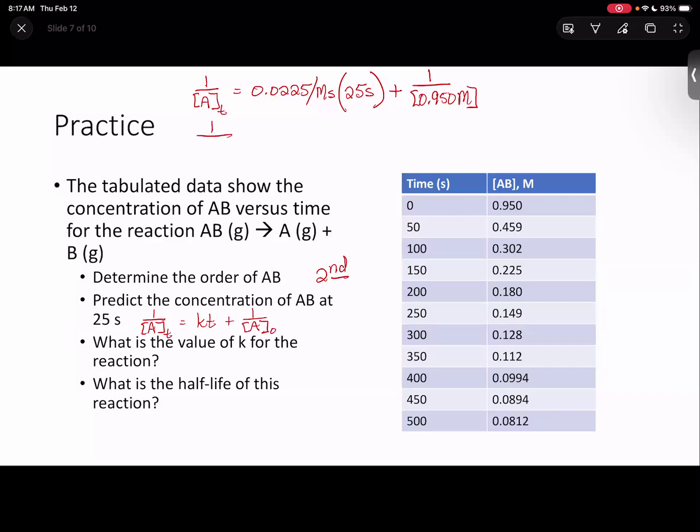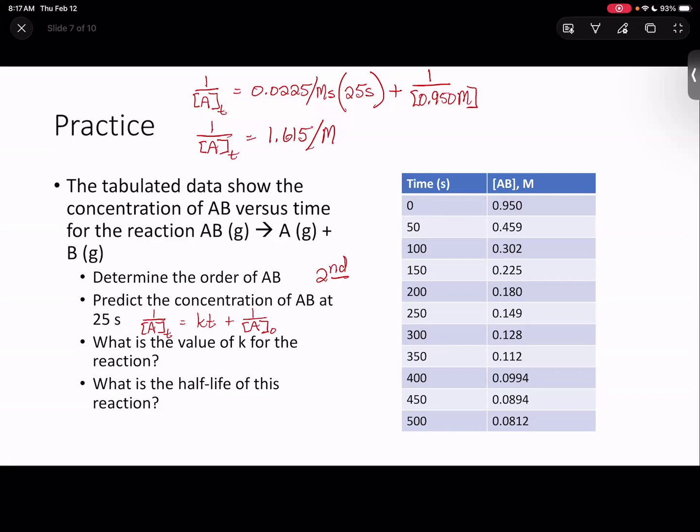So 1 over A at t is equal to 1.615, and that is going to be in per molar.